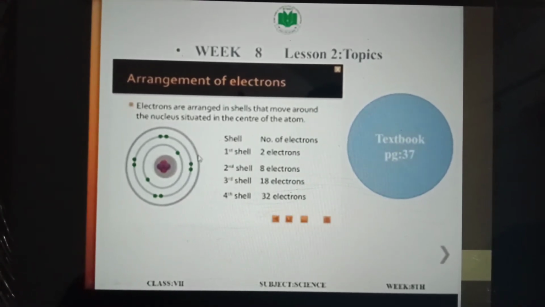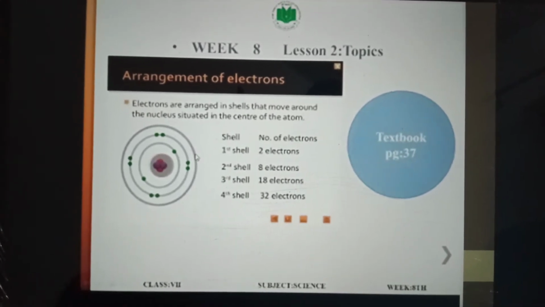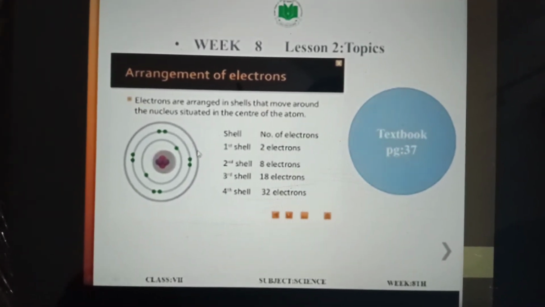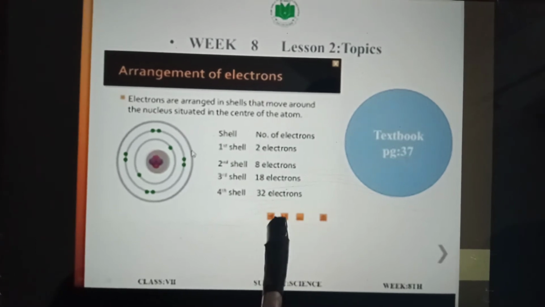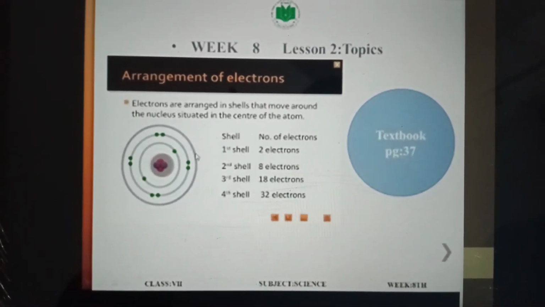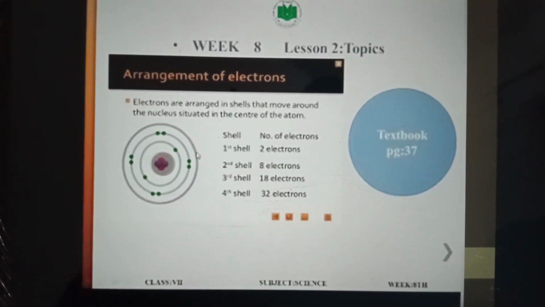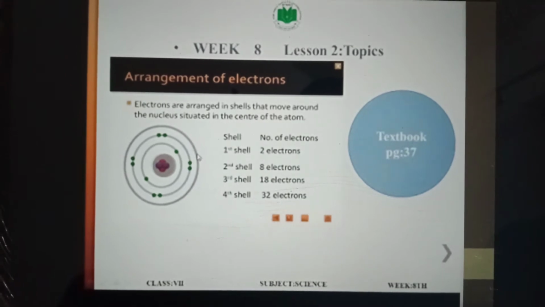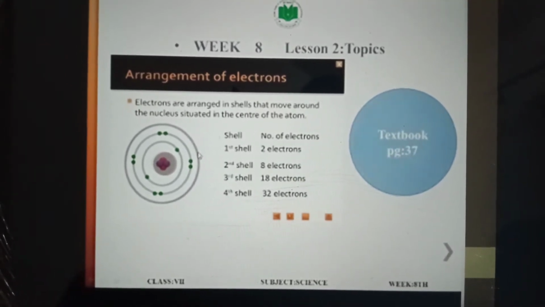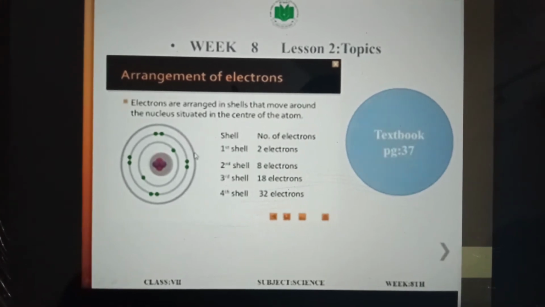In the third shell, the number of electrons would be 18 and in the fourth shell, 32. I am repeating this again: the first shell has 2 electrons, the second shell has 8 electrons, the third shell has 18 electrons and the fourth shell has 32 electrons.